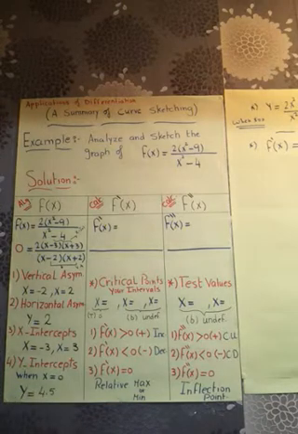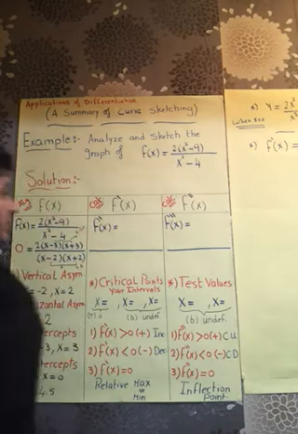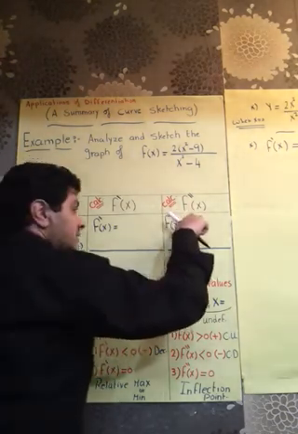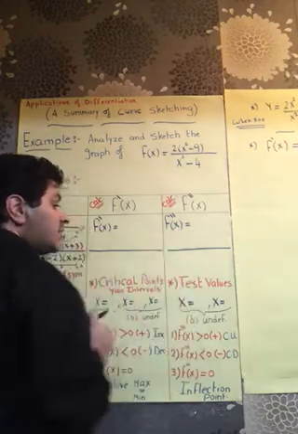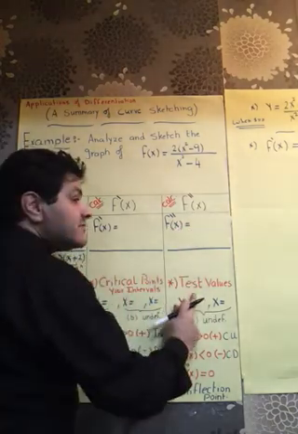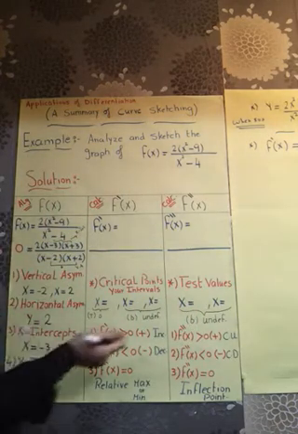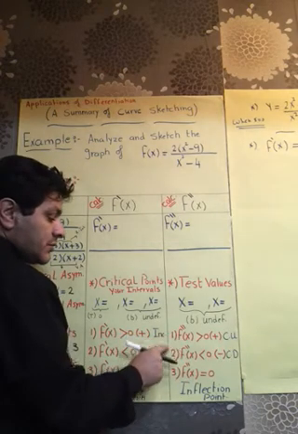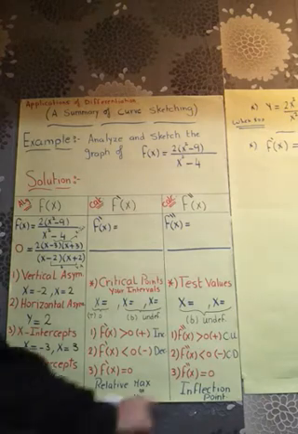Okay, what we can get from the third part, or the third column, f double prime x. After finding f double prime x, we can get test values, and also we can find some conditions from f double prime x.